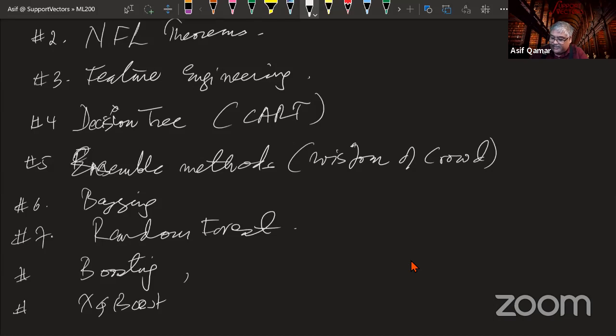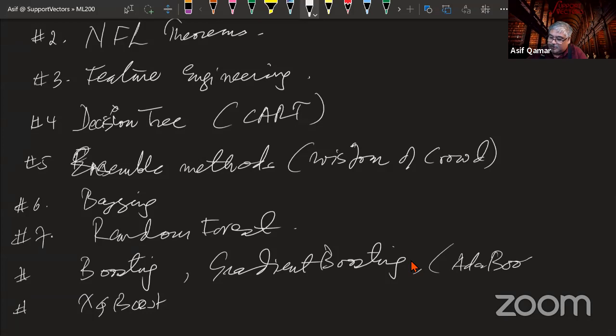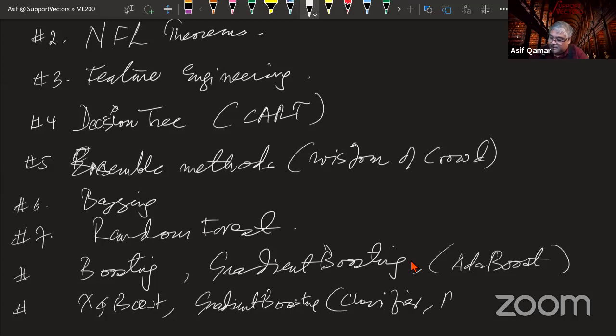In particular, we did gradient boosting. I talked about AdaBoost, but I didn't quite cover it, so I'll just leave it there. XGBoost, gradient boosting, classifier, regressor, etc. Then what did we do?